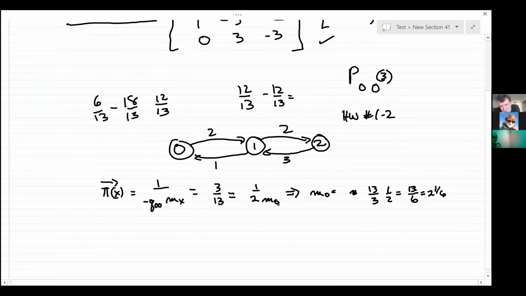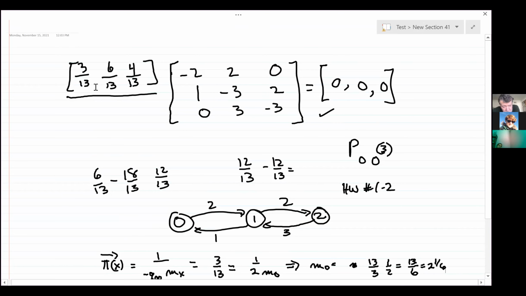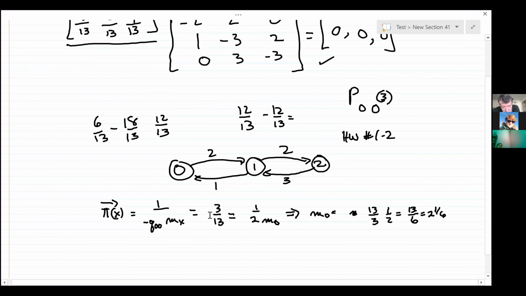So if I ask you to find m0, the easiest way to find m0 is if you've already found the stationary distribution, which we have in this case. In this particular case, we already worked out what the stationary distribution was at 0. It was 3/13. So that gives you this equation here. And then it's simple to solve for this.